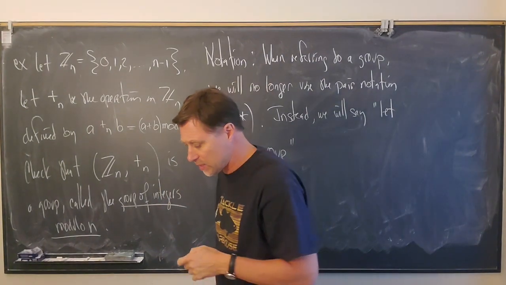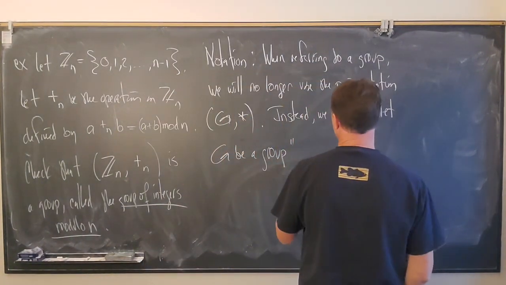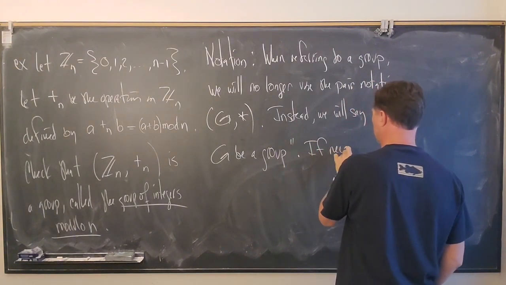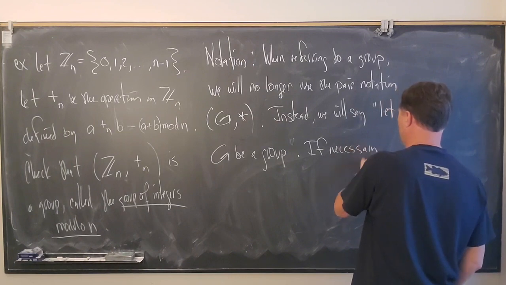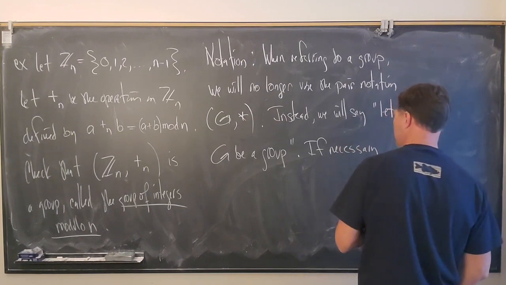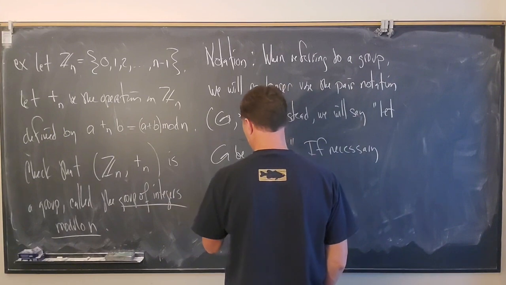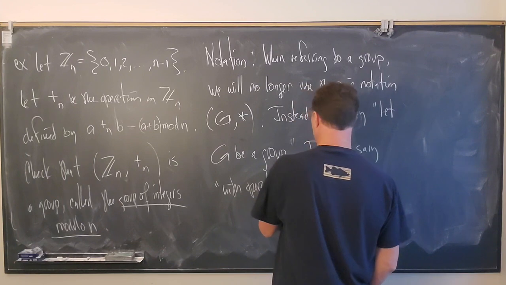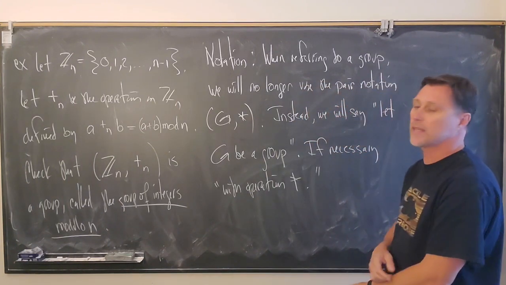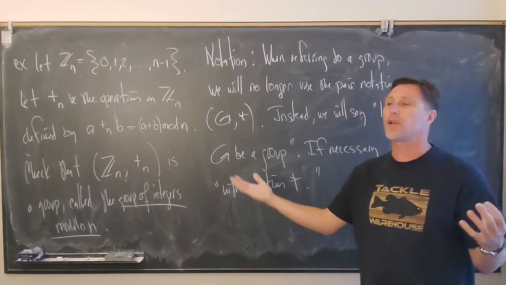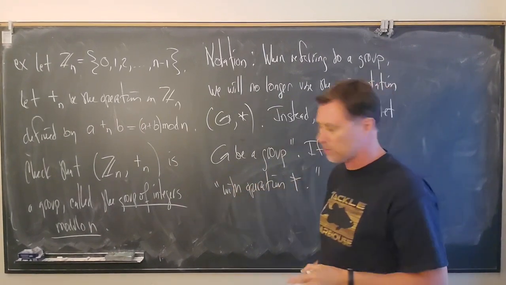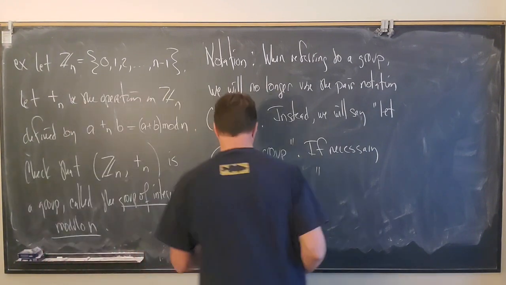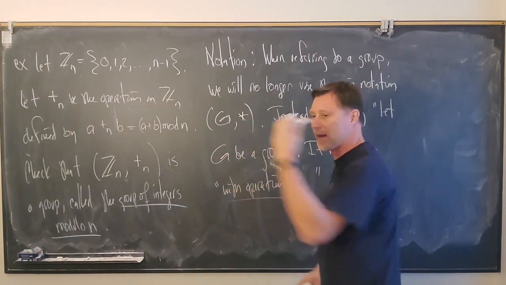Every once in a while, if we need to be very specific, we will add the words, if necessary, with operation star. But in most cases, we won't even need to say that. We'll just say let G be a group, and it'll be understood. There's an operation. If I need to use the symbol star, I'll use the symbol star. But it just gets a little bit cumbersome to even include this. We know if there's a group G, it's got to have an operation.